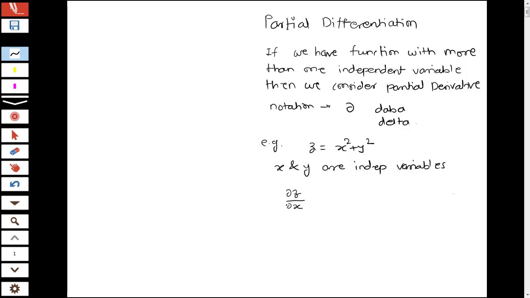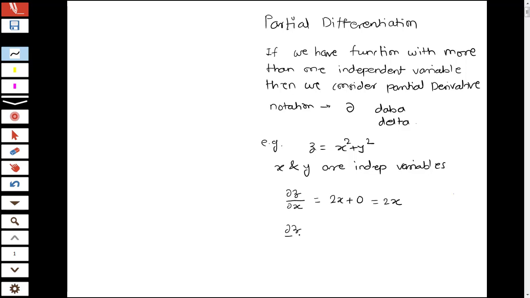The notation we are using is del z by del x, not dz by dx. While taking the derivative with respect to x, treat the other independent variable y as a constant. So it is 2x, and the derivative of y square will be 0. So it is finally 2x only.